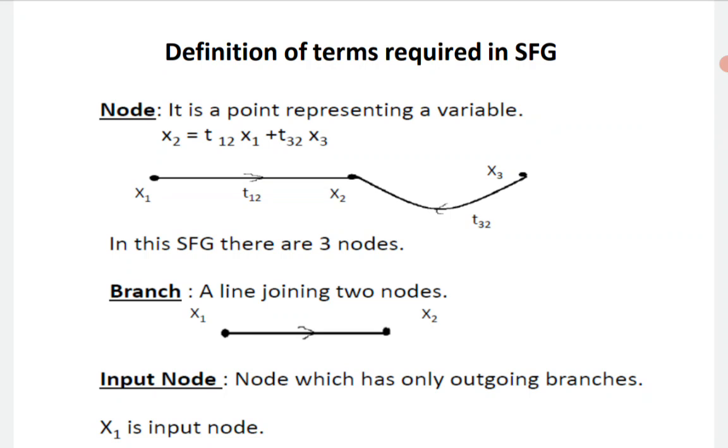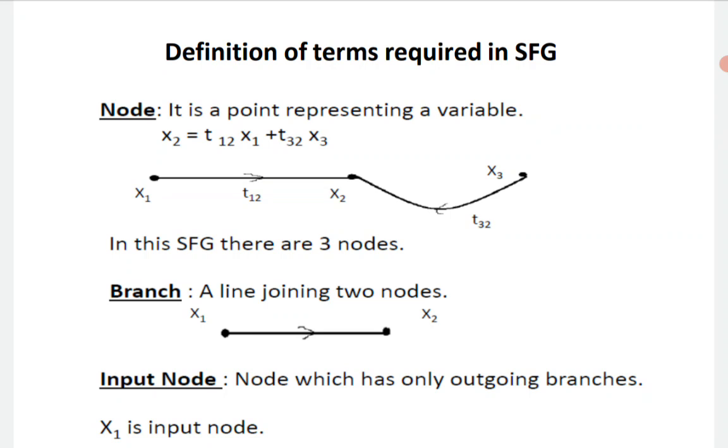Node, already I discussed, again I am repeating the fundamental ideas about those. Node: it is a point representing a variable. For the below diagram, there are three nodes available, x1, x2 and x3.